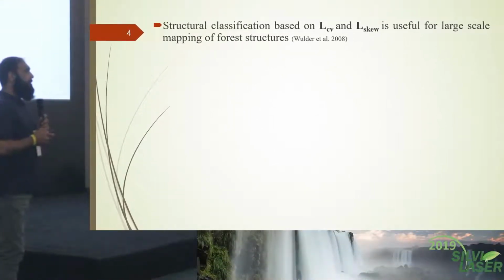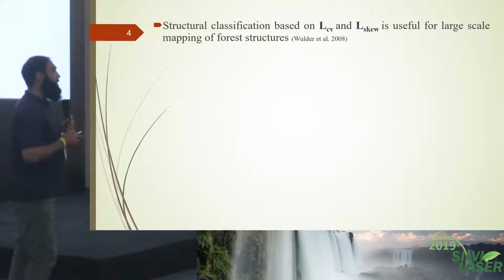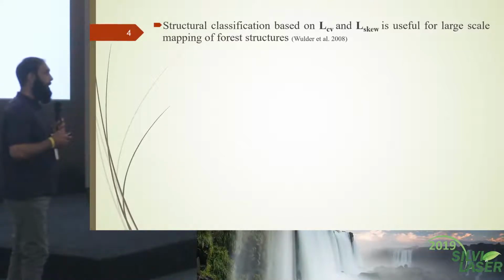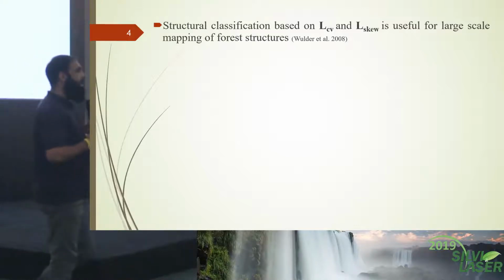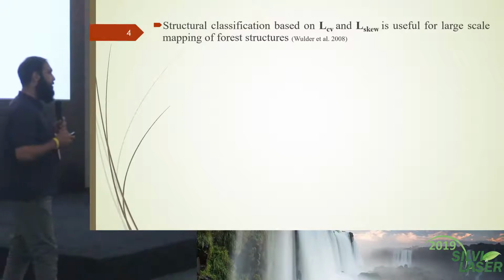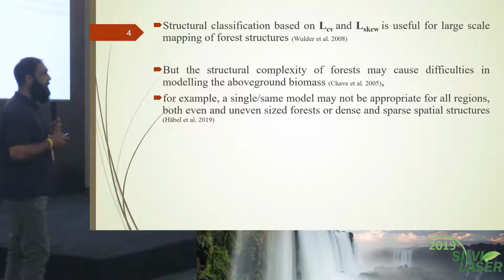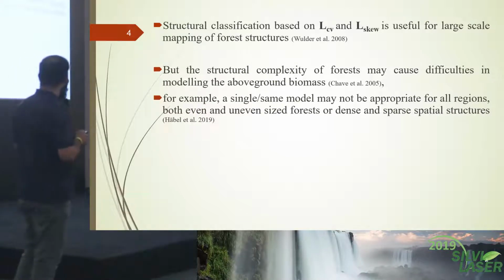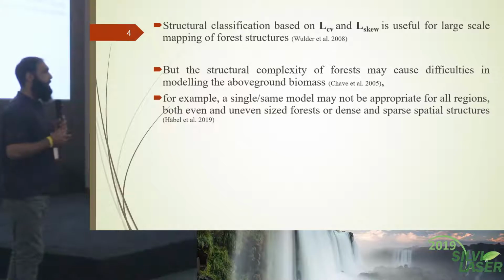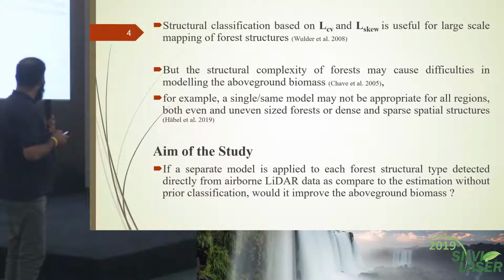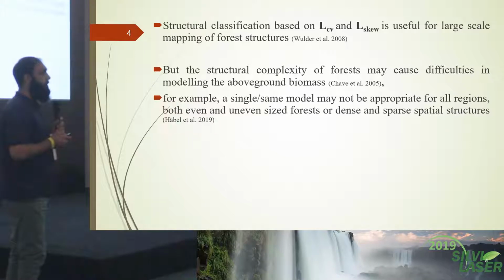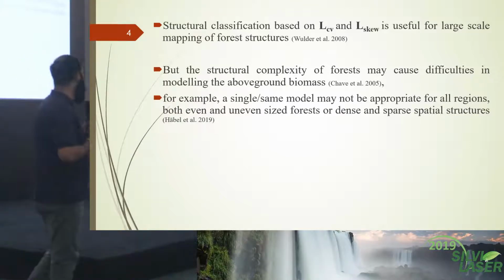Okay, so the L-skewness and L-coefficient of variation are useful for structural mapping, but the structural complexity of forests may cause difficulties in modeling the above ground biomass. For example, the same model applied to a large area with different forest structures may not be appropriate, if we apply the same model to both even and uneven size forest structures, or dense and sparse forest structures.